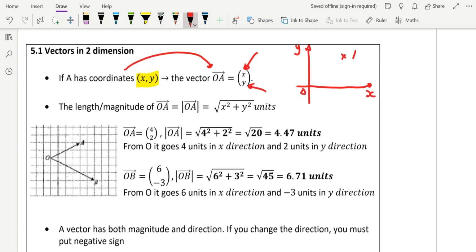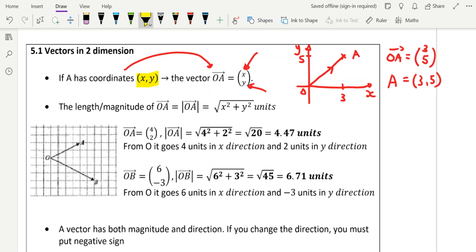For example, you have A here, which is, let's say, 3 and 5. If you draw a line from O to A and draw an arrow, this is a vector. So OA, we write it as x on top, y below. But if you are a coordinate, then it is 3, 5. So this is how we convert coordinates to vector.